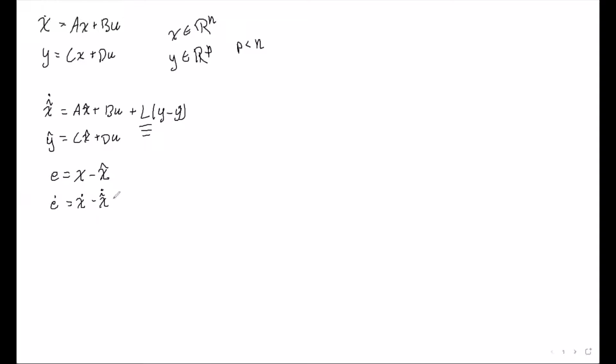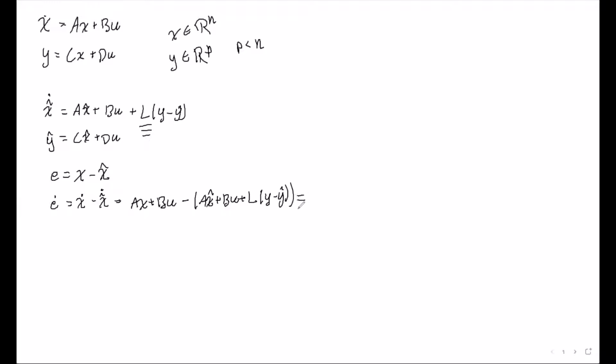Now, with some simple algebra, you can plug in from the previous couple of equations. x dot is Ax plus Bu, minus A x hat plus B u plus L times y minus y hat.